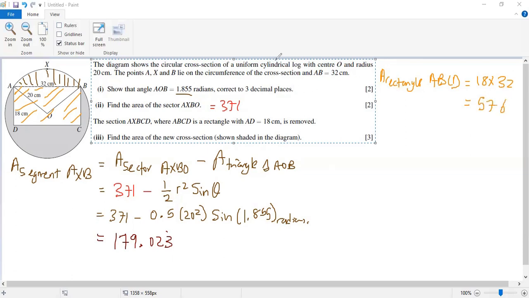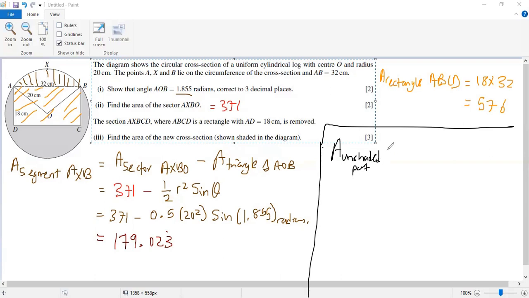Then we can see that the area of the unshaded part is in the circle. So area of the unshaded, sorry, wrong spelling. Based on all this, now we recap, we collect the information. The unshaded part of the circle is understood by the context to be just the area of the segment AXB, from which we get the value 179.023, plus the area of the rectangle ABCD, which is 576.